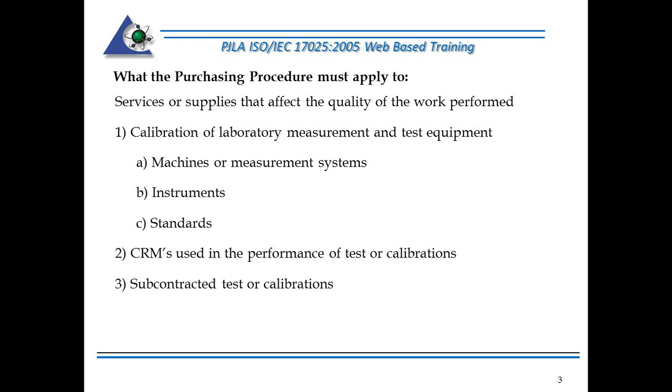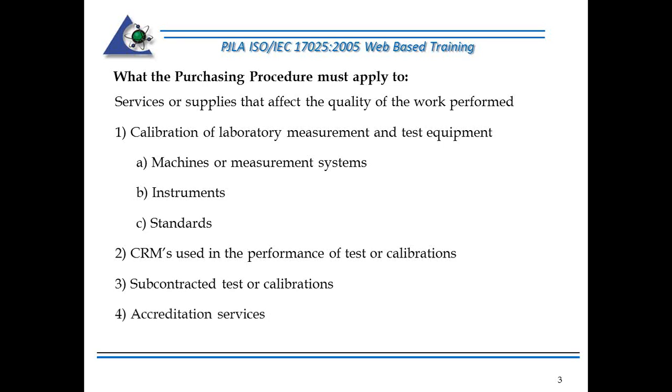Subcontracted tests or calibrations. The previous section of the standard deals with subcontracting test or calibration activities, but the purchasing function and its relation to the use of subcontractors is dealt with in 4.6. Accreditation services.